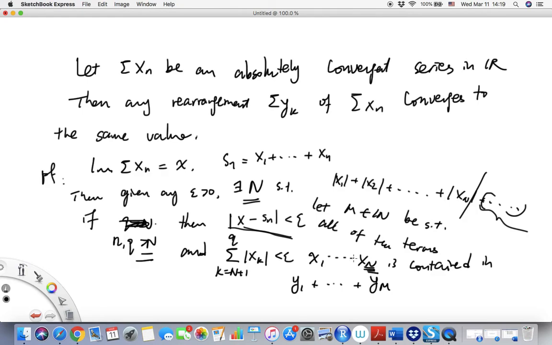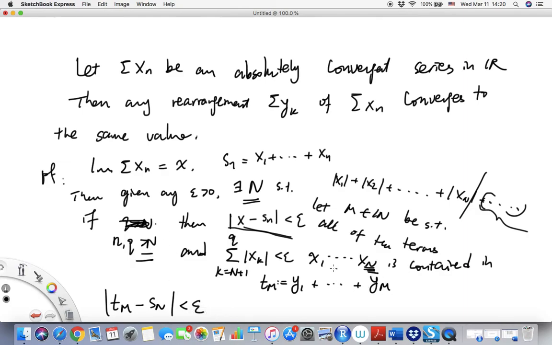Then let's define this to be Tm. It follows that Tm minus Sn, the difference, would be less than epsilon.